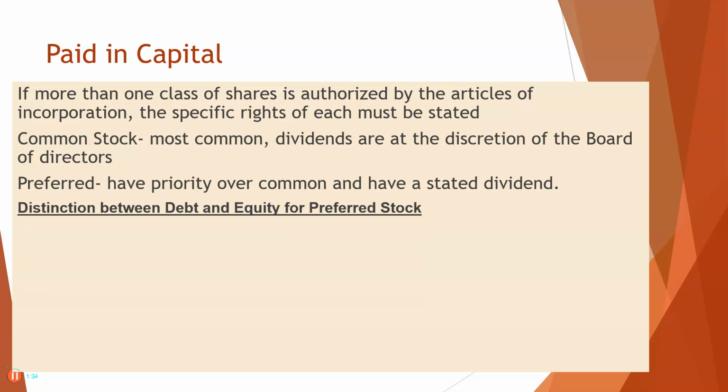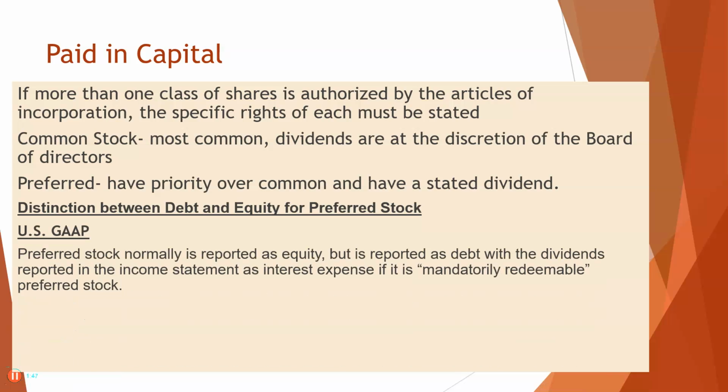Now, there is some issue about preferred stock because it has a specific dividend, there's been some debate of whether preferred stock is debt or equity. Now, under U.S. GAAP, preferred stock normally is reported as equity, but is reported as debt when the dividends are reported in the income statement as interest expense if it is mandatorily redeemable.